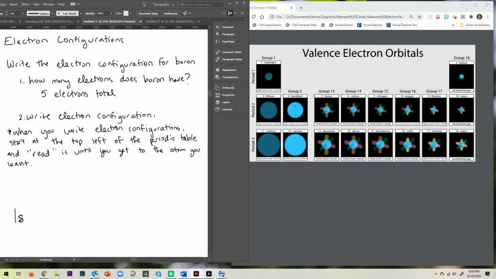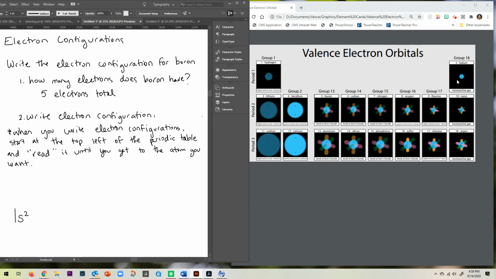So let me write s. Now, you might think, oh, I'll just write 1 here. But actually, really, if I'm going left to right and I'm reading it like a book, I would read this way and say, no, I actually have 2 electrons, because I have to keep reading it until I get all the way to boron. That's right here. So I'm gonna start here. Let me read across. So my first energy level, I have 2 electrons in the s orbital. So I would write 1s2.